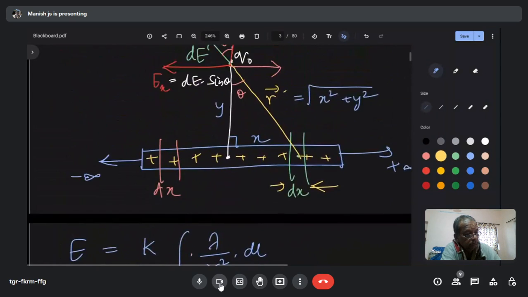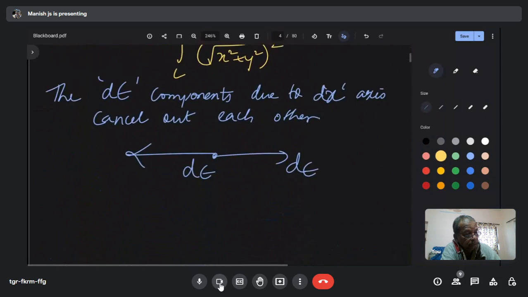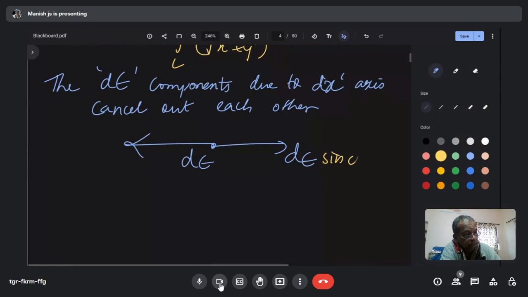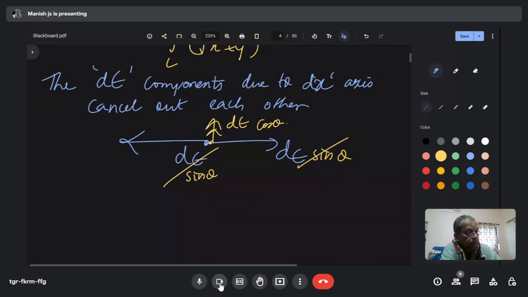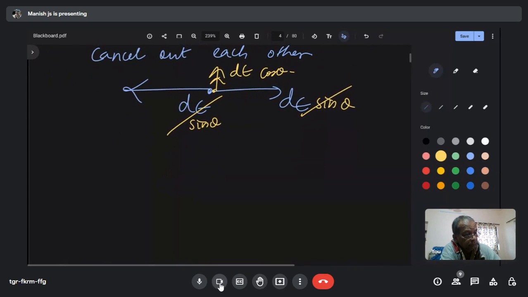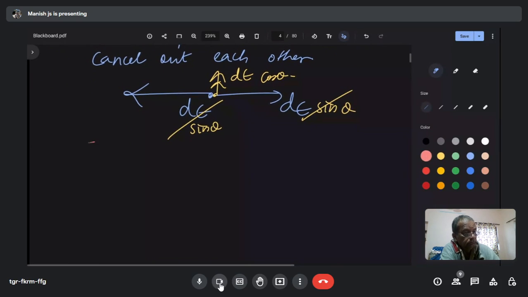Which component is that? The dE sin theta components would cancel out. Both are equal and opposite, they will cancel. Above, you have two dE cos theta components. So what is the total electric field on the y-axis? The electric field component on the y-axis is nothing but 2 times dE cos theta.